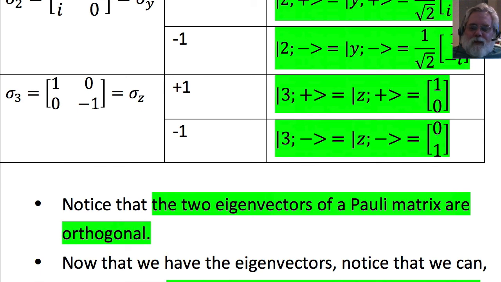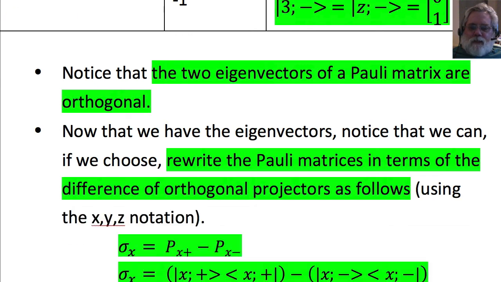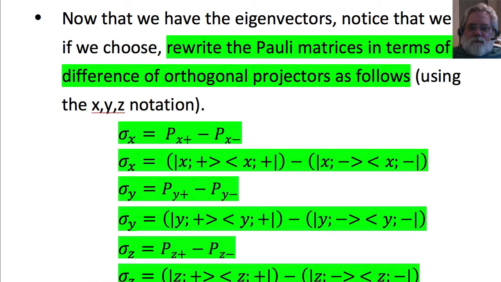Now that we have the eigenvectors, we can, if we choose, rewrite the Pauli matrices in terms of the difference of orthogonal projectors as follows. And we'll use the x, y, and z notation, not the 1, 2 notation.